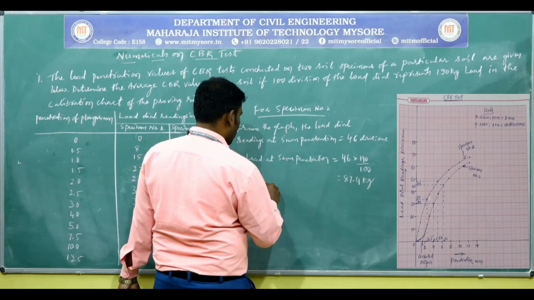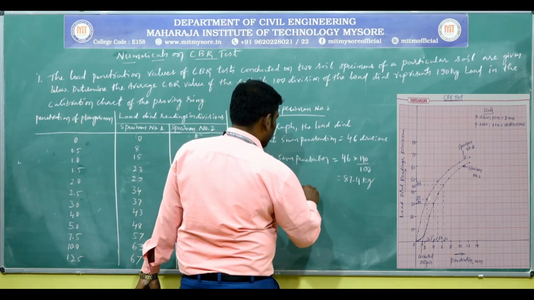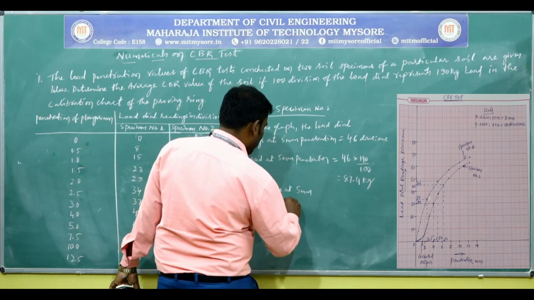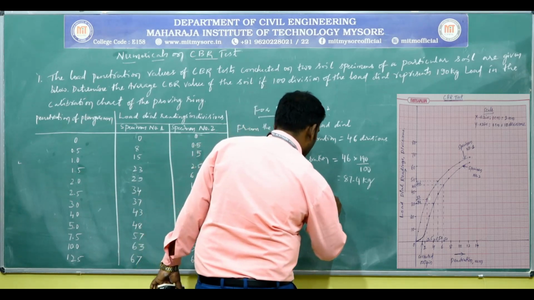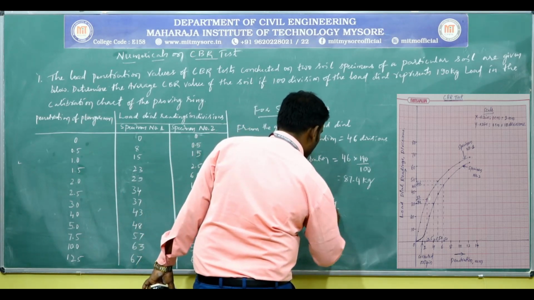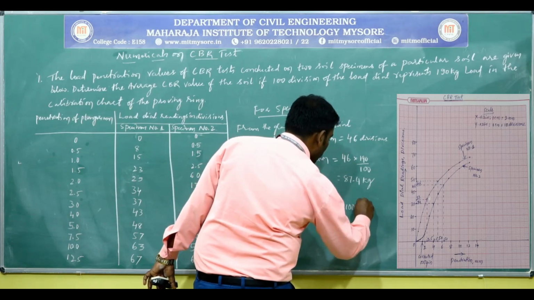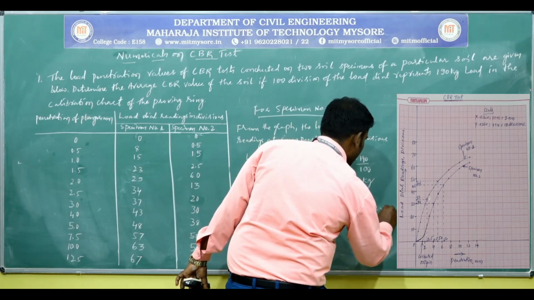Then CBR value at 5 mm penetration is equal to 87.4 divided by 2055 multiplied by 100. You may get about 4.2%.